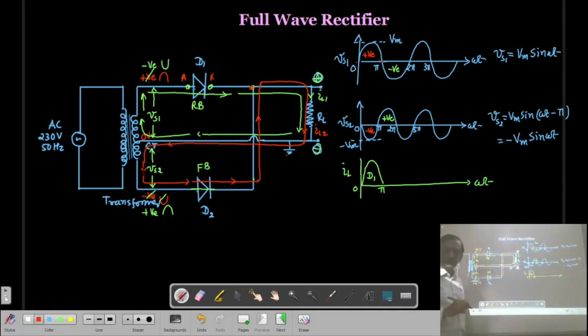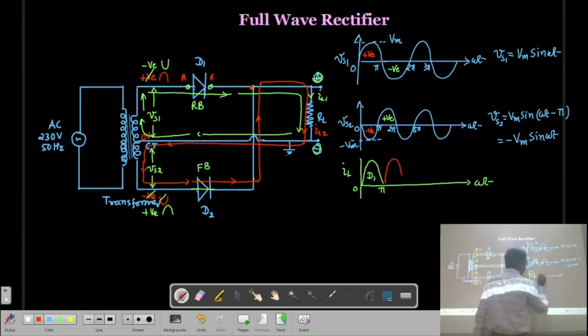So in this way, during this negative cycle, D1 is in reverse bias, D2 is in forward bias, and the current is flowing in the load resistance RL. So we can draw this current like this, and this current is due to the diode D2. You can call this one IL1, this is my IL2. And the same thing is going to be repeated.